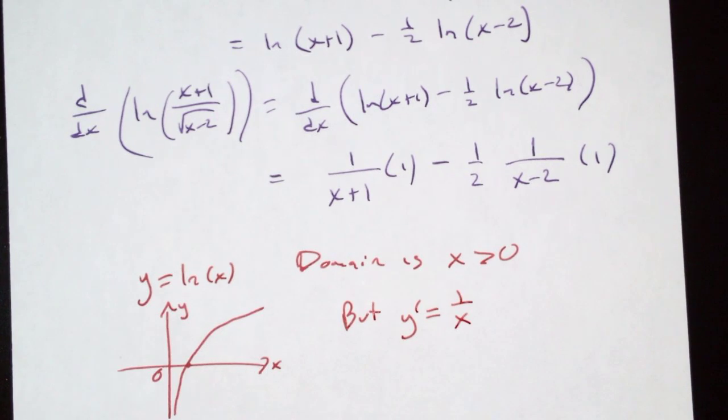the derivative is 1 over x. And 1 over x works both for x positive and for x negative.